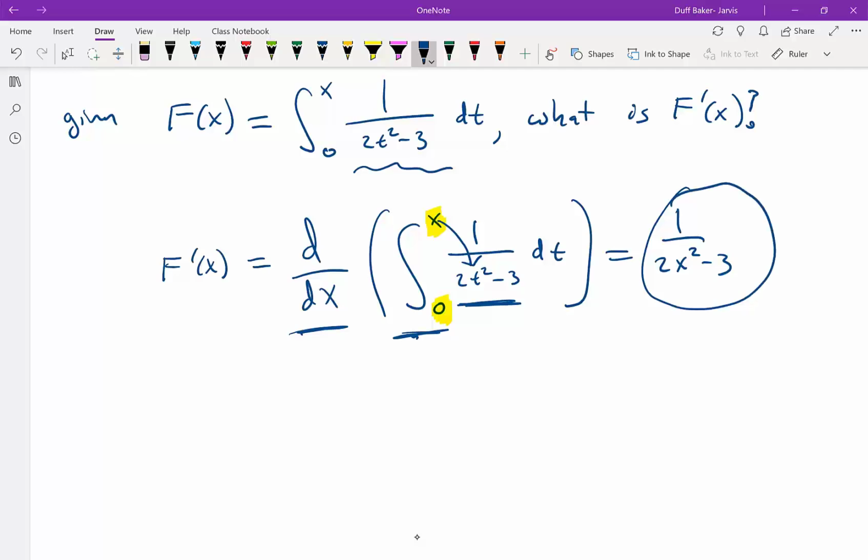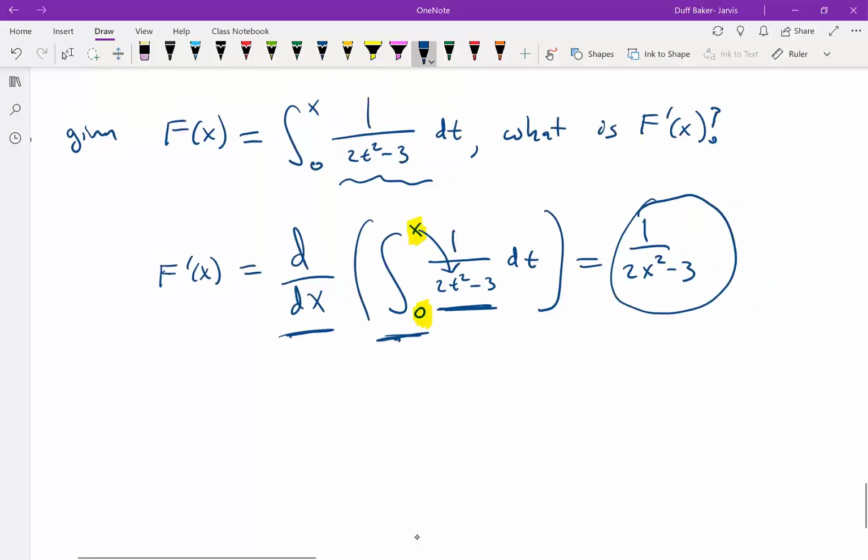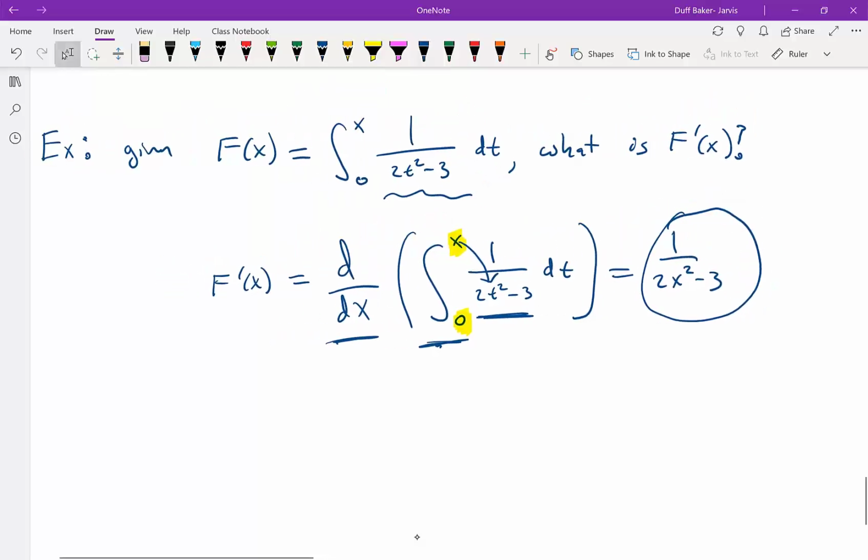Okay. Let's make it even a little more complicated. So now we're going to be given a different function.